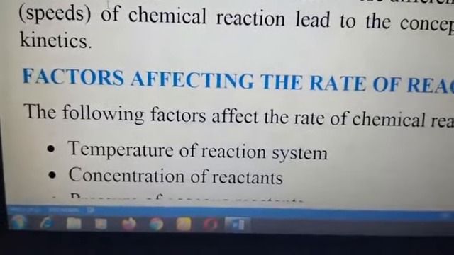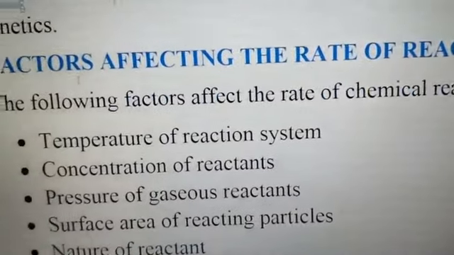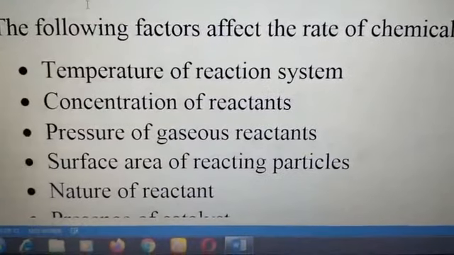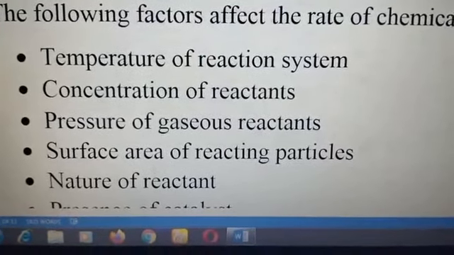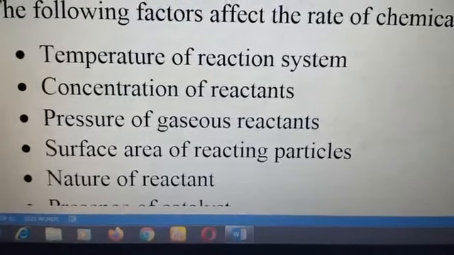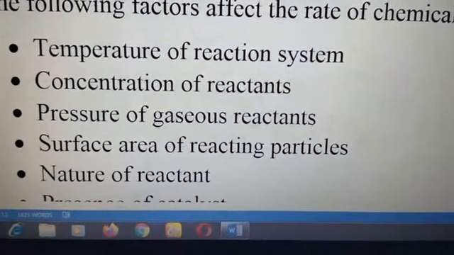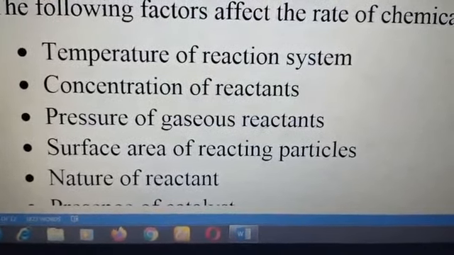Now, factors affect the rate of reaction. So what factors affect the rate of chemical reaction? We have 1, temperature. Temperature affects the reaction system. When a reaction system is heated, the reactant molecules will gain higher kinetic energy or higher velocity. As a result, they will start moving faster.